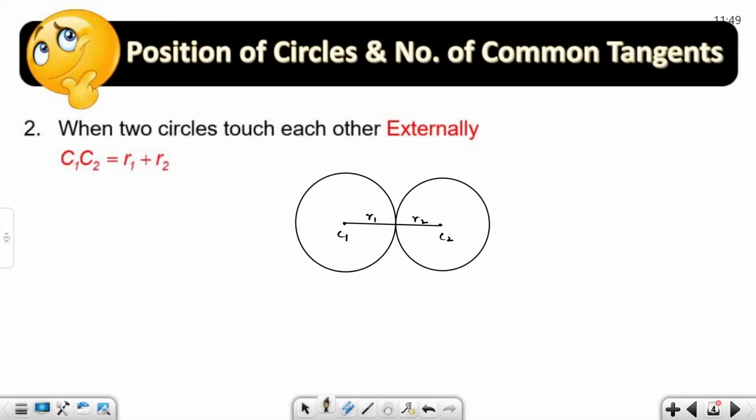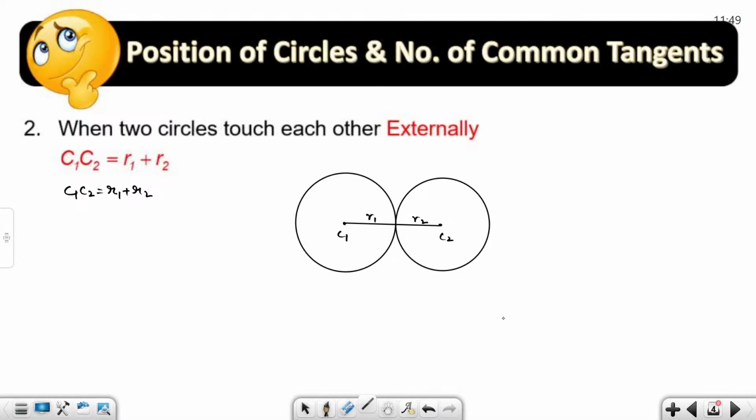R1 and R2 are the radii of the respective circles. So when we find that C1C2, that is the distance between the centers of these two circles, equals R1 plus R2, that is the sum of their radii, we say that these two circles touch each other externally.